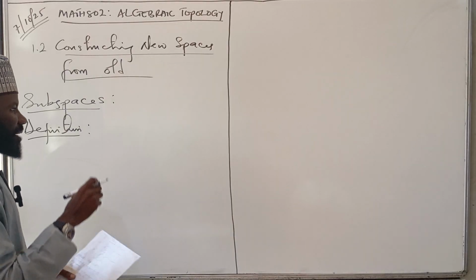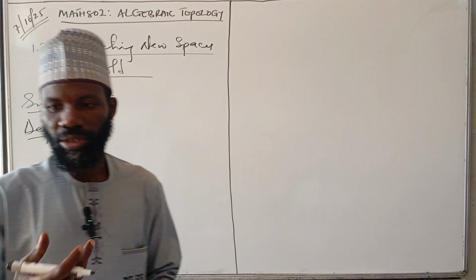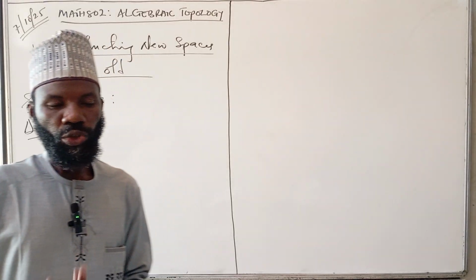When you are talking about a topological space, it has to be a non-empty set accompanied with a topology.